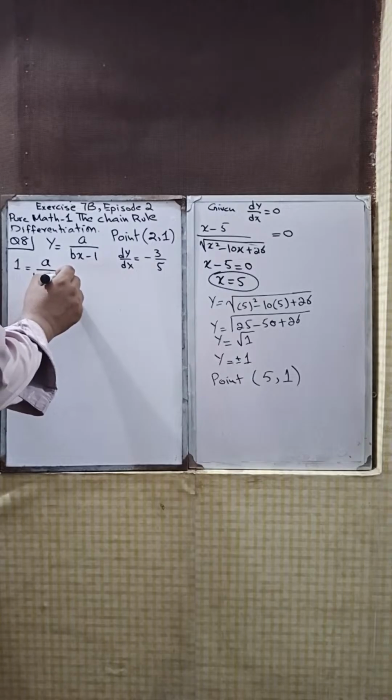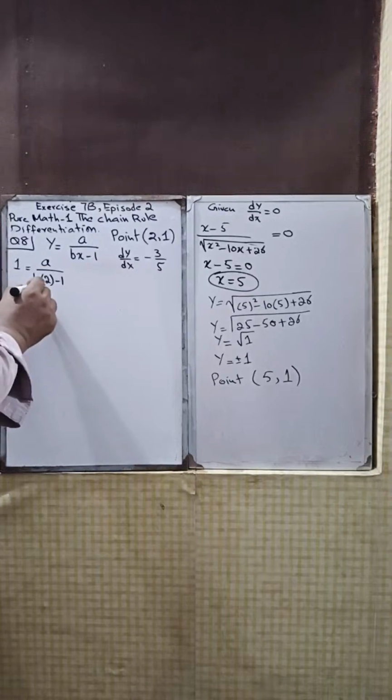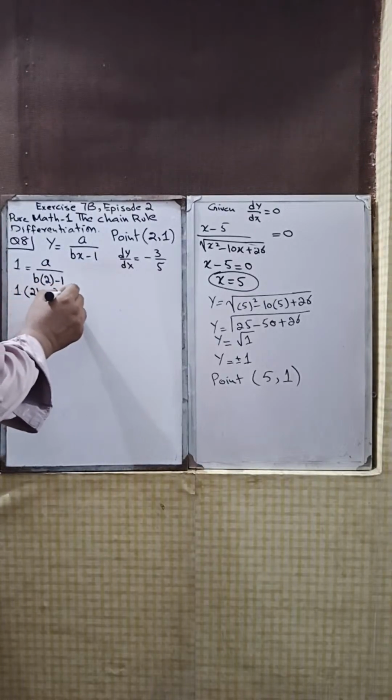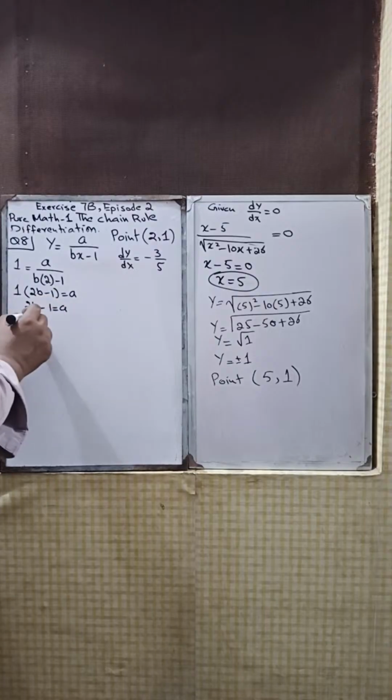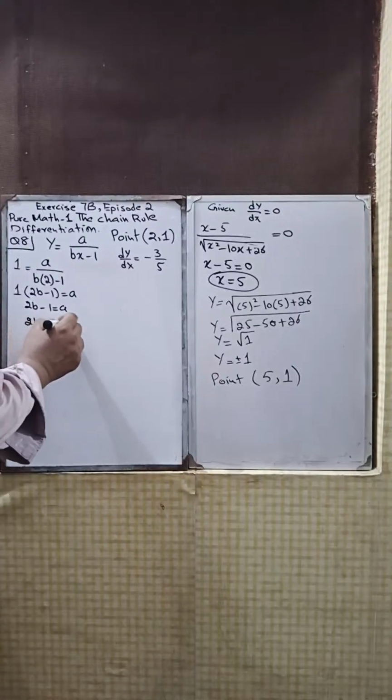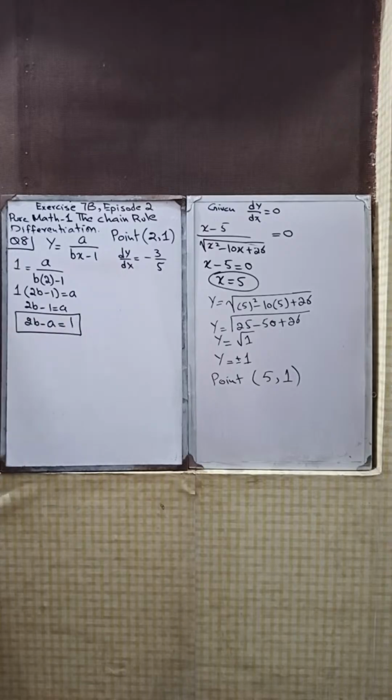So this will become 1 into 2b minus 1 is equal to a. So you will have 2b minus 1 equal to a. So you will have 2b minus a equal to 1. Let me say this is my first equation, one equation in a and b.